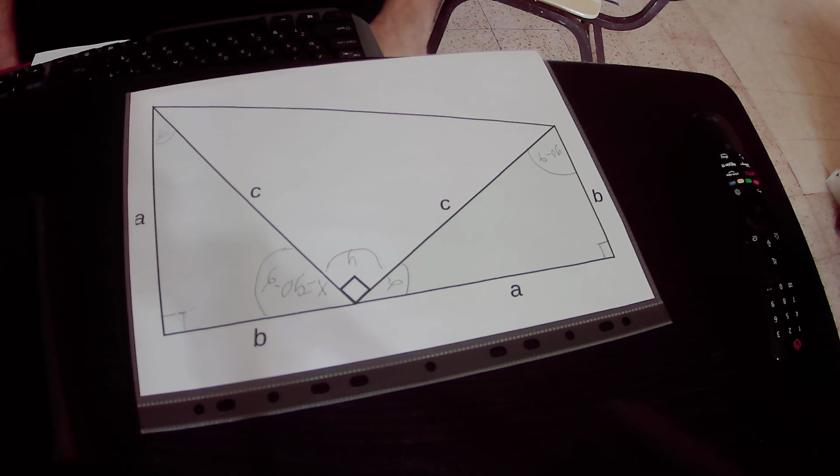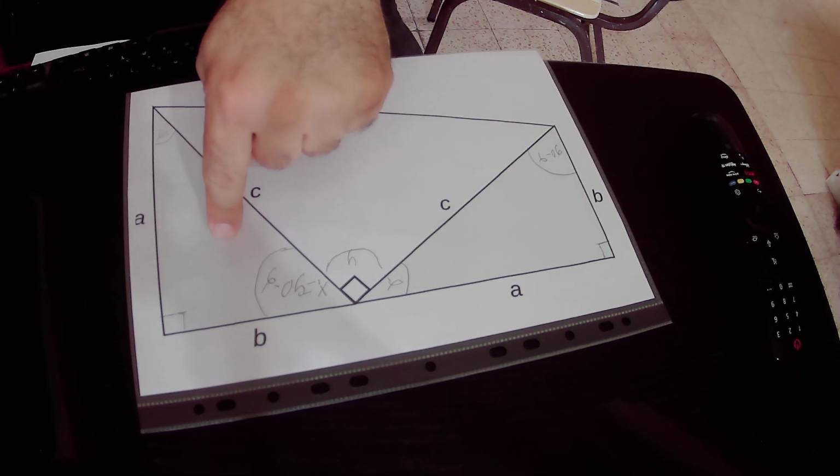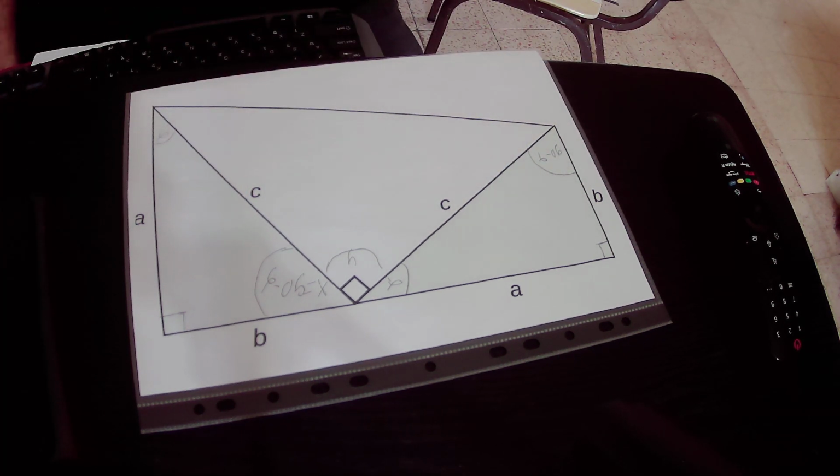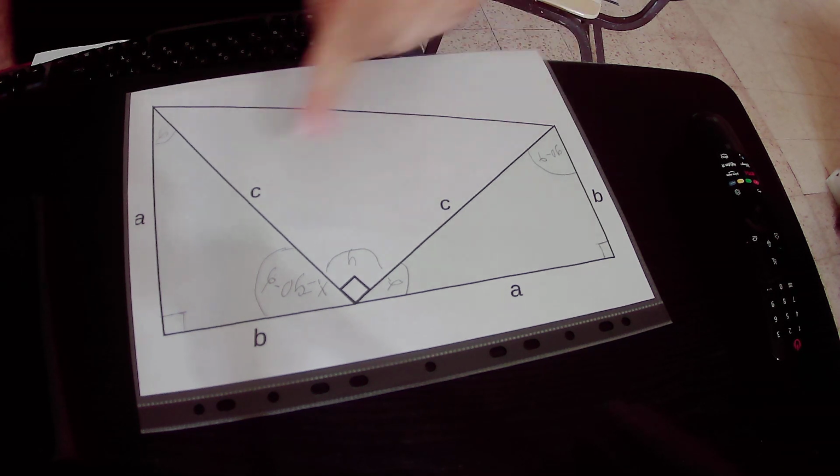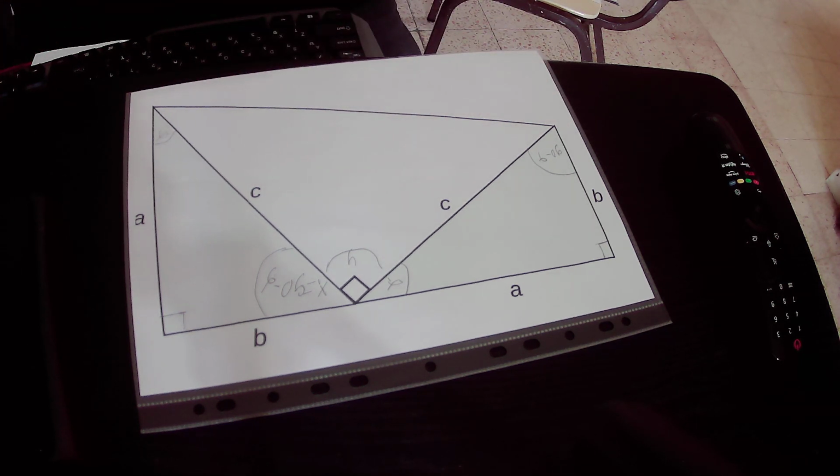Now we have two triangles, this and this. Okay, ABC and ABC, the right side and the left side.